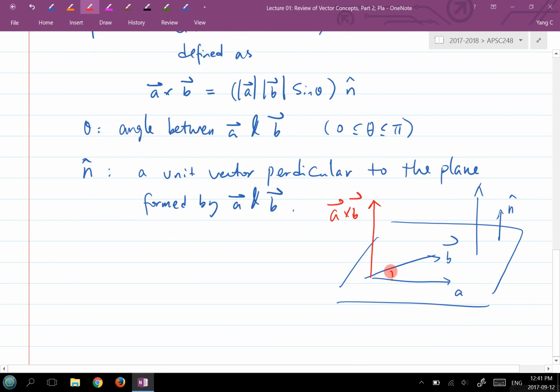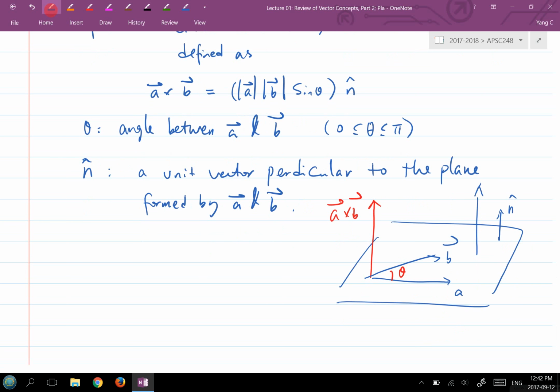Often, as you learned before, to determine the direction of the cross product you use the so-called right-hand rule. There are two ways of using the right-hand rule. One way is to curve your fingers in the direction from A to B, and then the thumb points in the direction of the cross product.